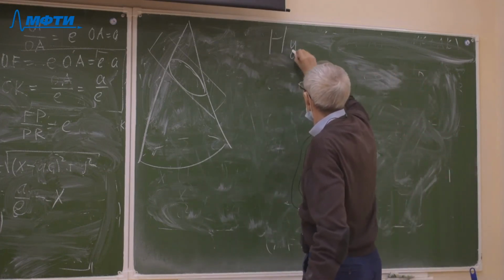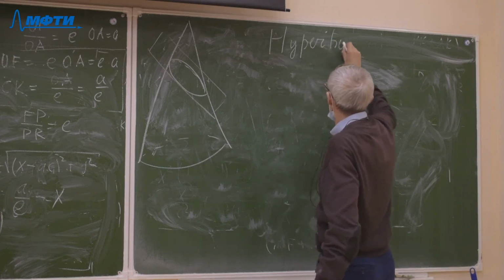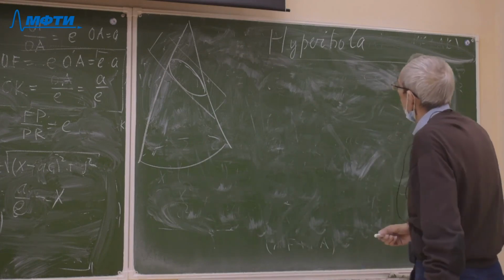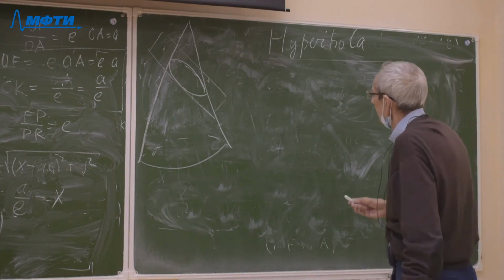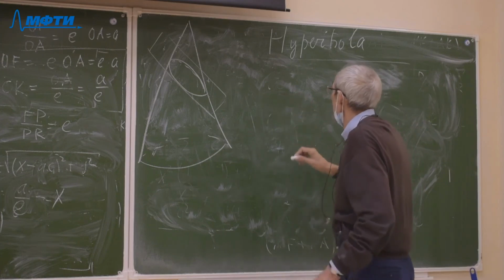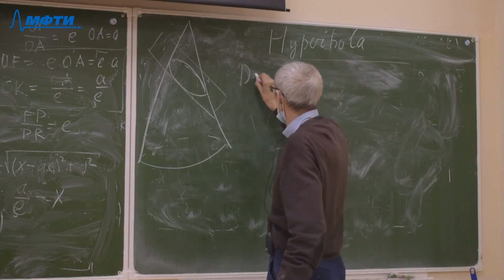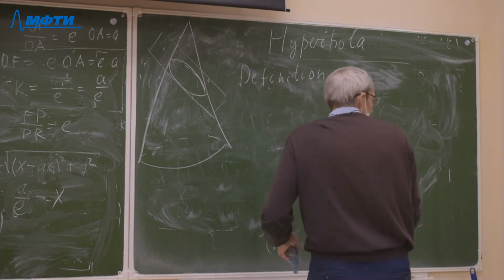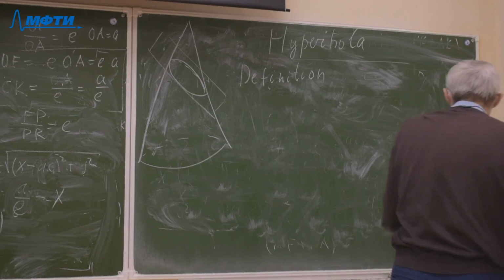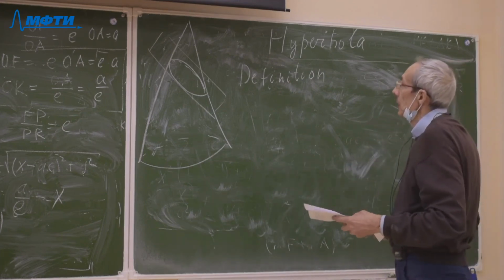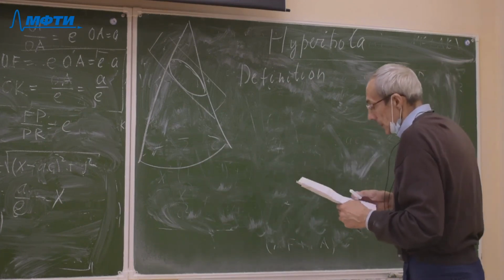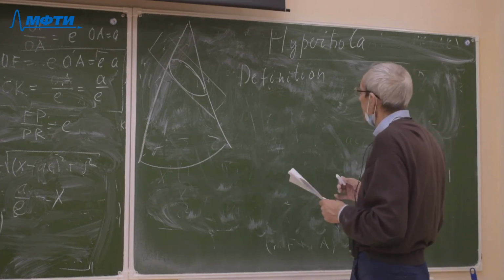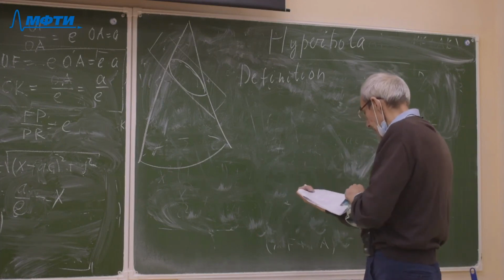And let's consider the other kind of conic section, the so-called hyperbola. The definition of hyperbola is the same as the definition of ellipse, but the word sum of distances we change to difference. Hyperbola.